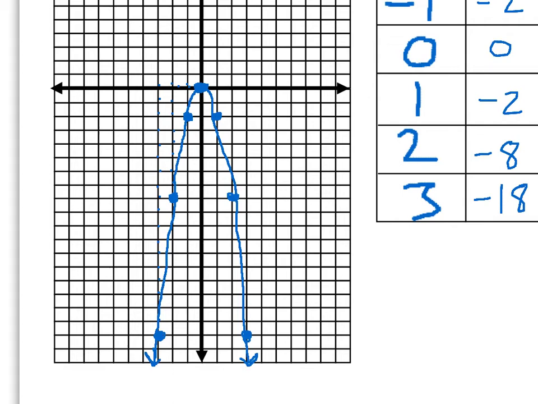And number two, think about the width of it. It's much more narrow, okay? So this equation does have an x squared term, but something's happening with it that's flipping it upside down, and something's making it more narrow. So we're going to talk about that more as we move forward.